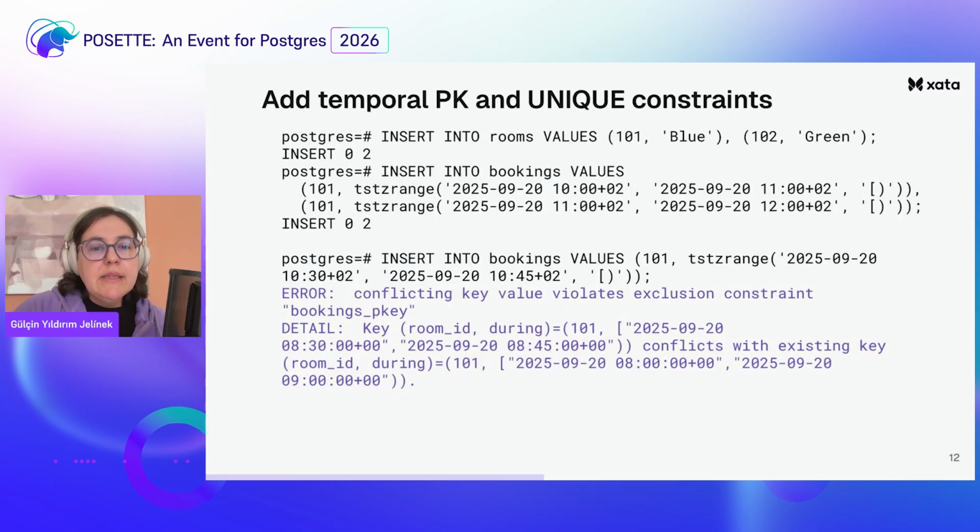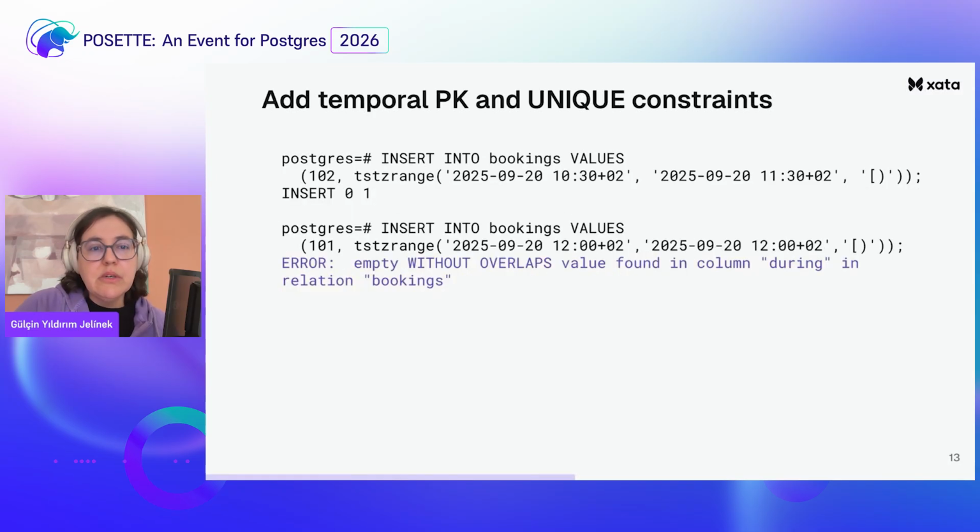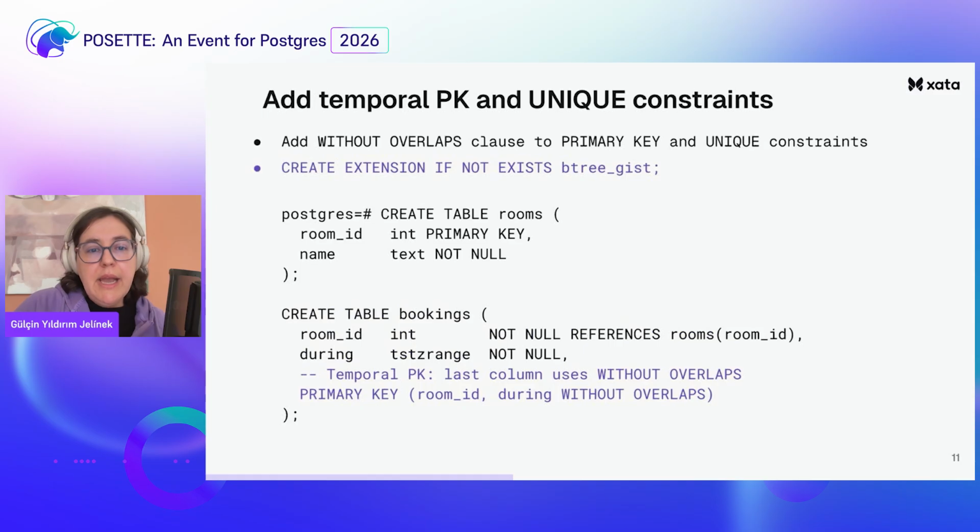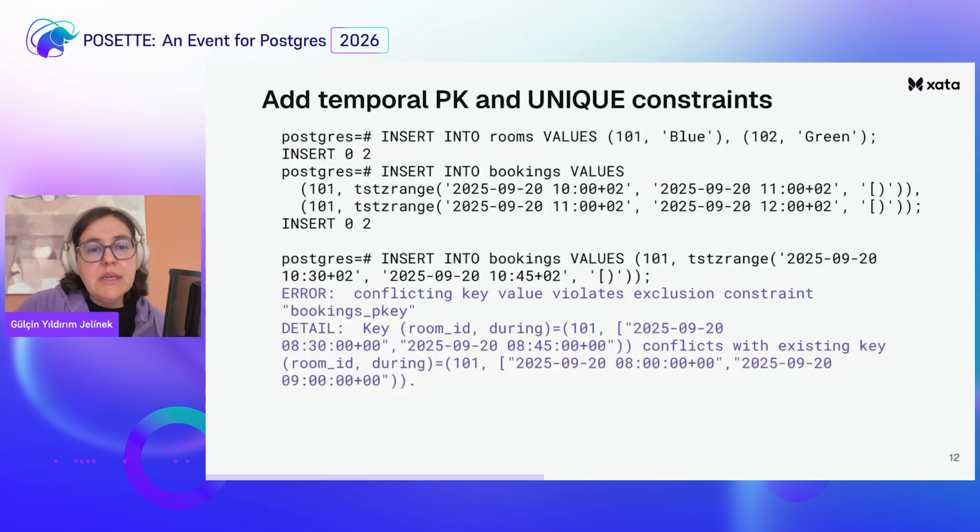Now if I try to insert from 10:30 to 10:45, which collides with the first period, I can't do that. I see this purple output complaining that you can't do this. And you could see how easy it was, just adding this WITHOUT OVERLAPS. And that's it. We did it.